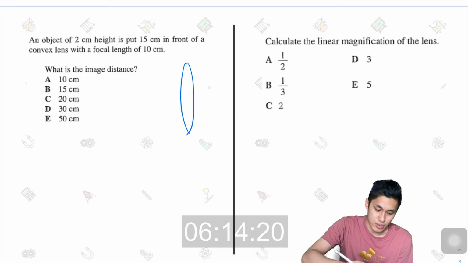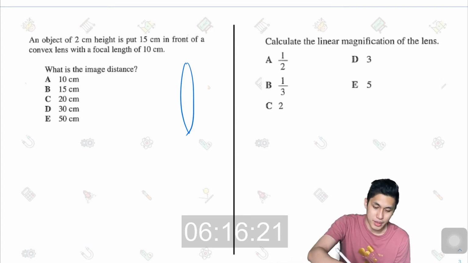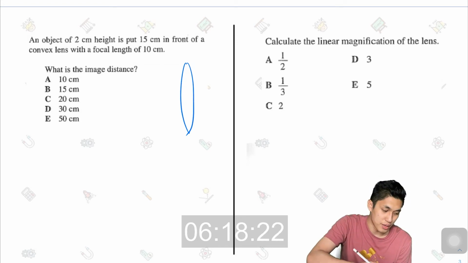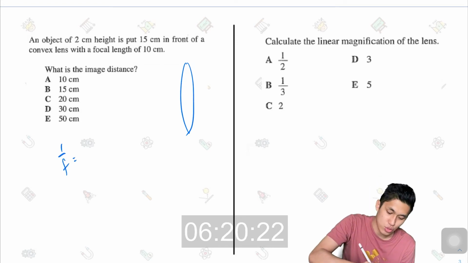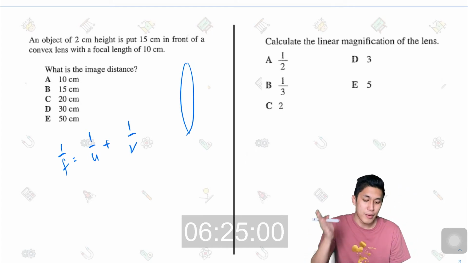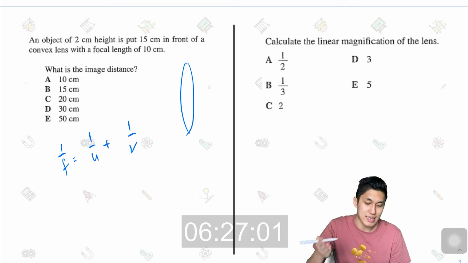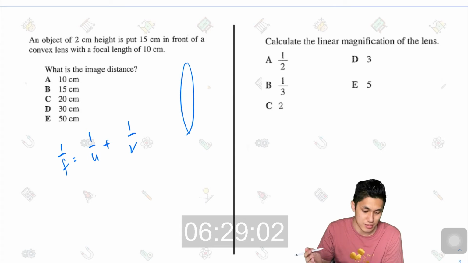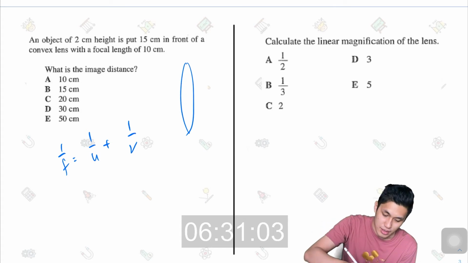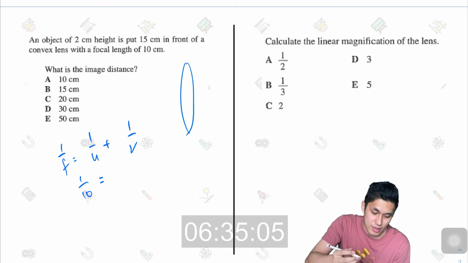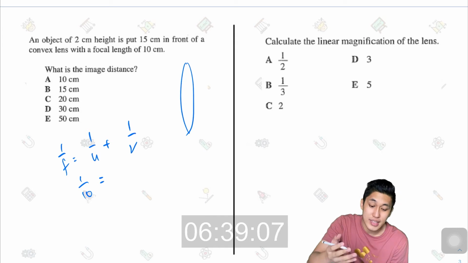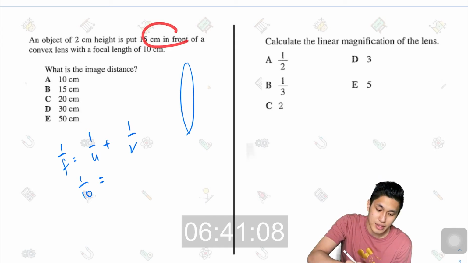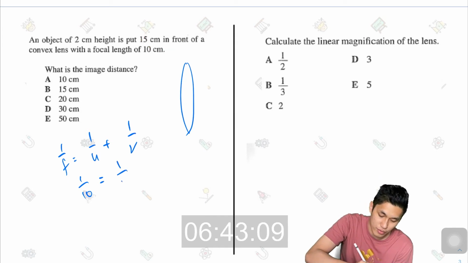So the focal length is a positive number, and we can use the lens formula, which is 1/f = 1/u + 1/v, whereby f is the focal length, u is the object distance, and v is the image distance. So the focal length is 10, 1 over 10, and the object distance? It's put 15 cm in front of the lens, so 1 over 15.